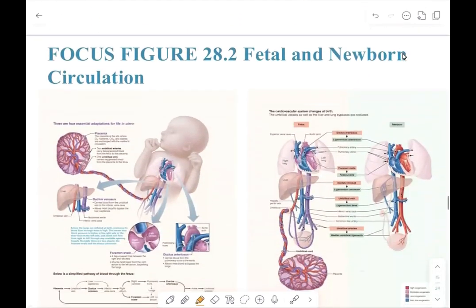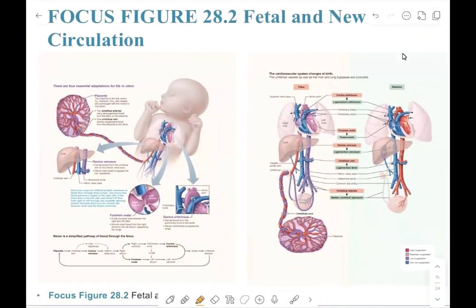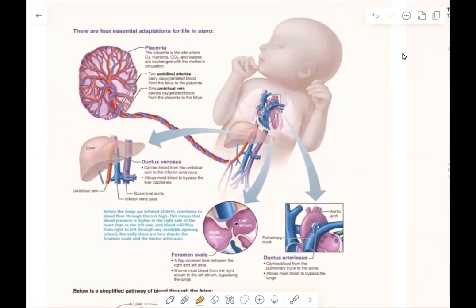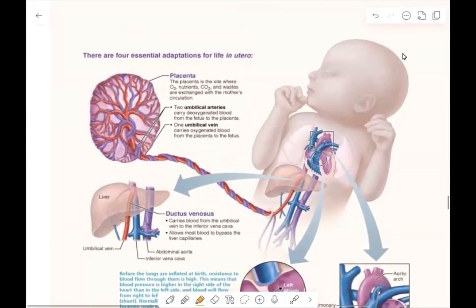So on our next slide, we can see these images shown really, really well. So we're first going to look at these adaptations in the fetus. So the placenta is going to be the site where the oxygen, nutrients, carbon dioxide, and waste are exchanged. So this would be on the fetal side of the placenta.